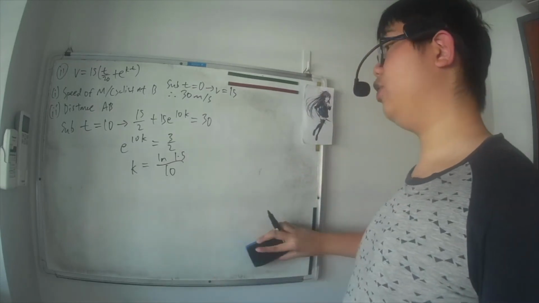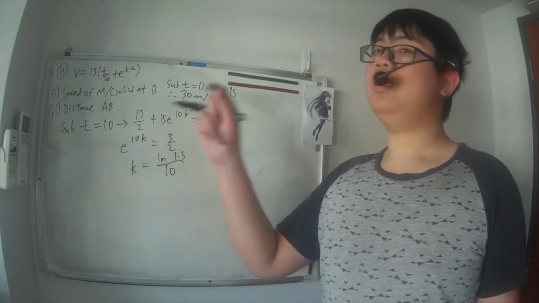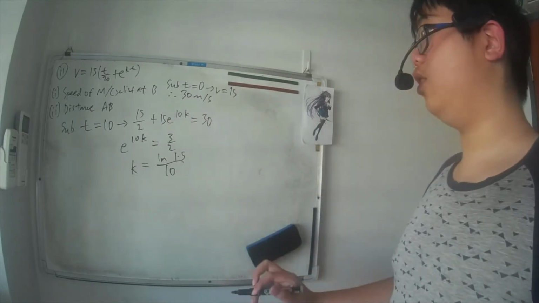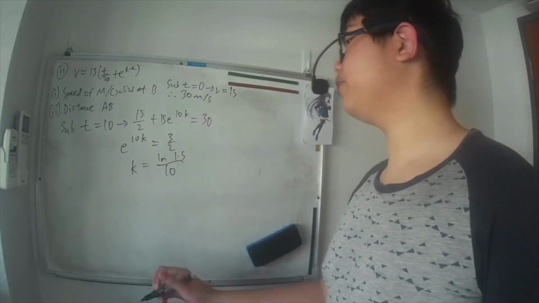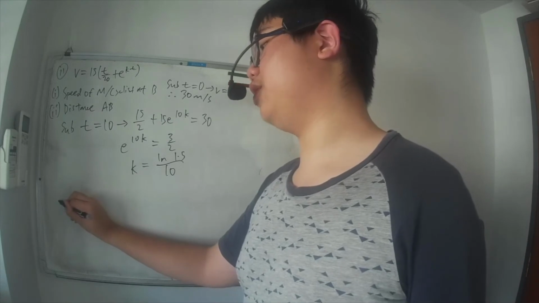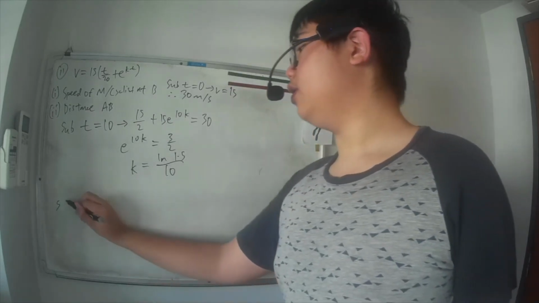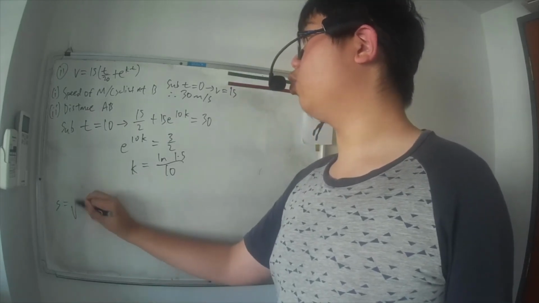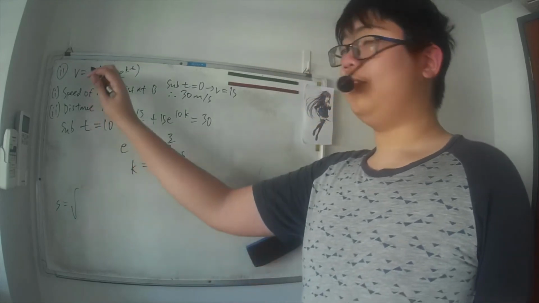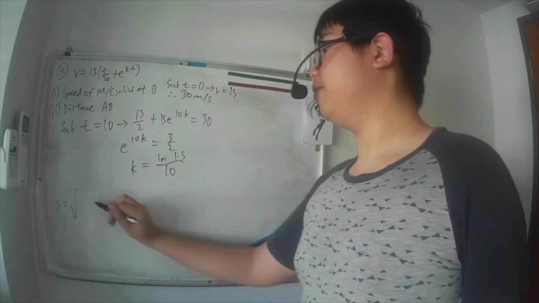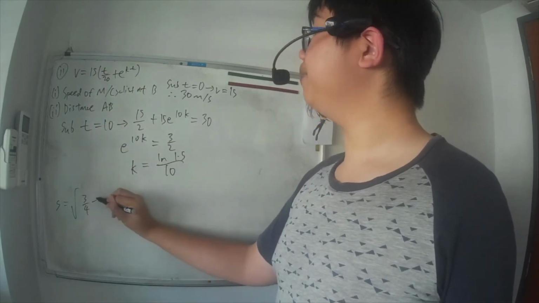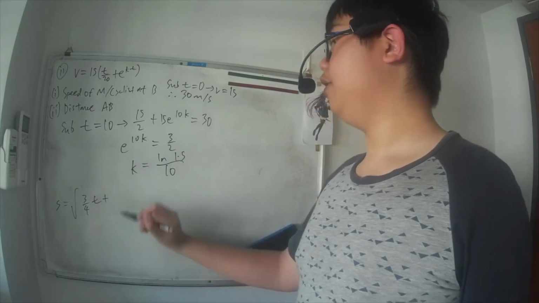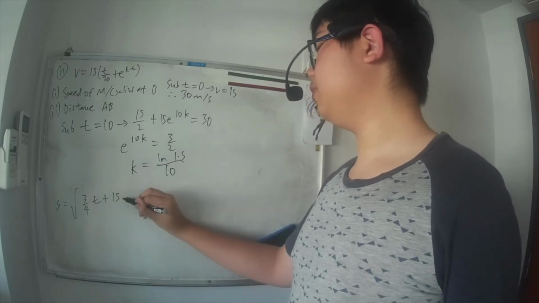But I'm going to leave it in exact form because I'm going to use that to find the distance later on. So let's obtain an expression for the displacement. This is the integral of 15 times t over 20, which is 3/4 t, plus 15e^(kt).